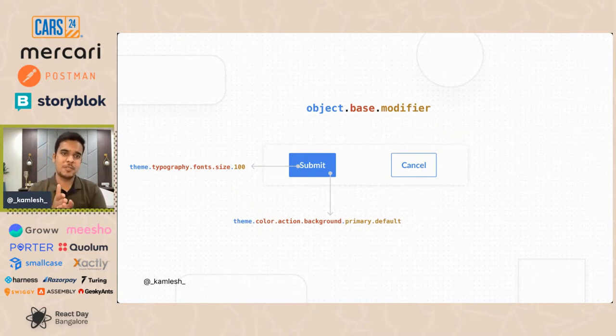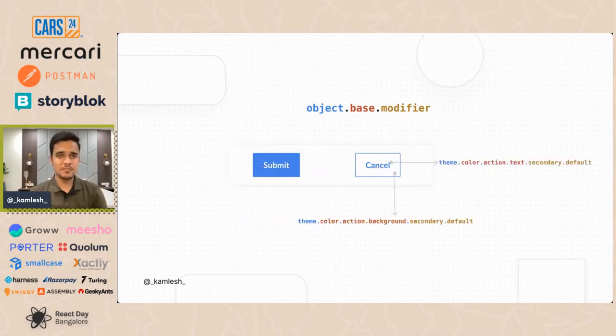I want a background, which is my property. And the modifier is primary variant and default state. So that gives me a token, which is how you speak, right? That's the terminology, and it's literally the vocabulary, the way you speak. So you say, give me theme.color.action.background.primary.default.